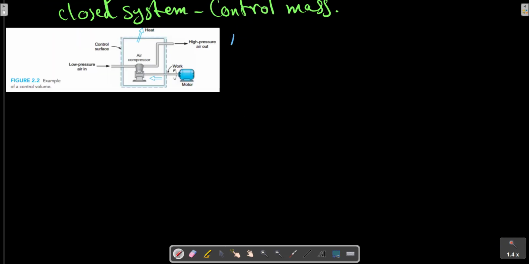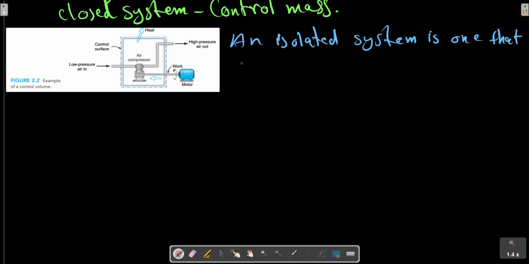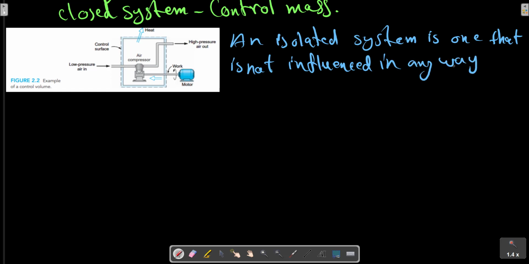So we have an isolated system, which is one that is not influenced in any way by the surrounding.